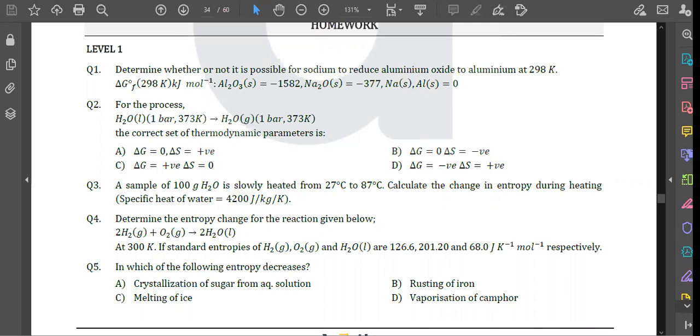Okay, question number 2, question number 4. Both are very basic problems. You just have to go through the theory that we have studied.